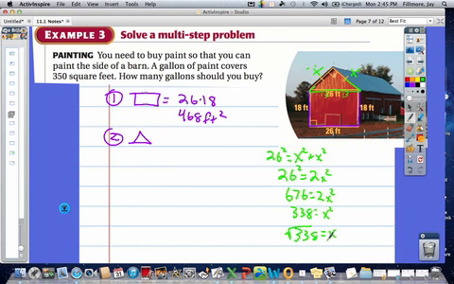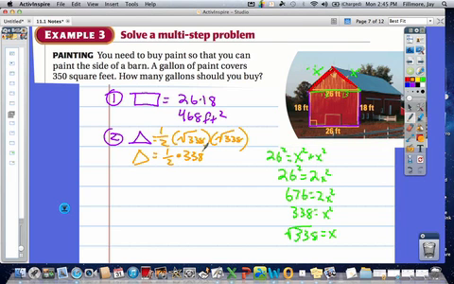But we're not done. We need to find the area. Since these two sides are perpendicular to each other, that's our base and our height. So the area of the triangle is 1/2 times the base times the height. Well, root 338 times root 338 is just the whole number 338.